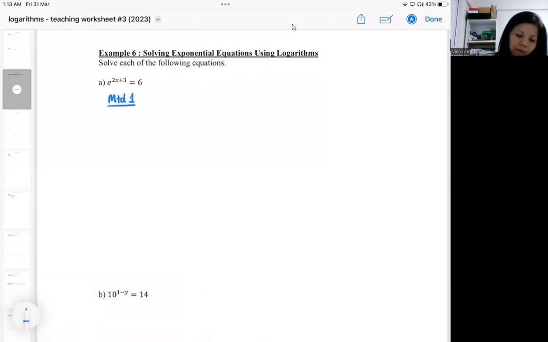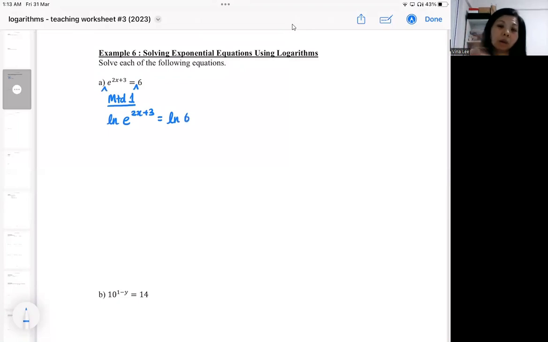Method one is to take ln on both sides. That means I introduce ln on both sides. For this method, you can only insert one ln on the left and one ln on the right.